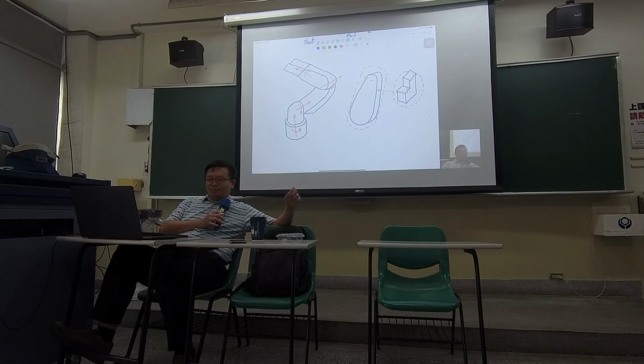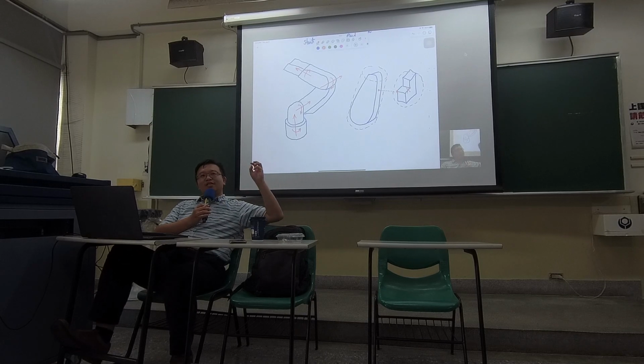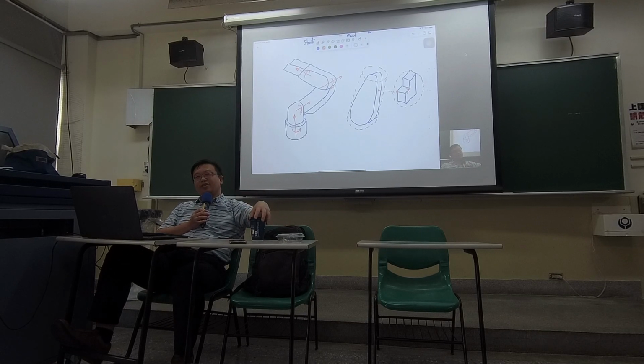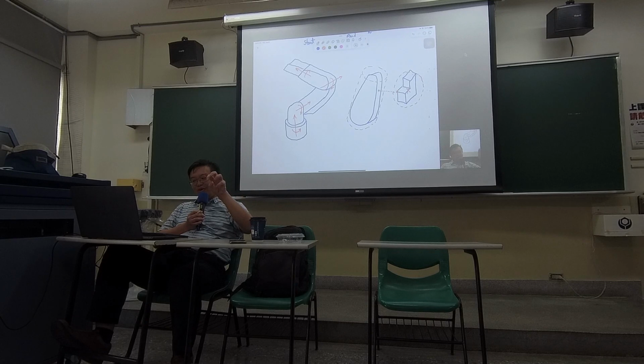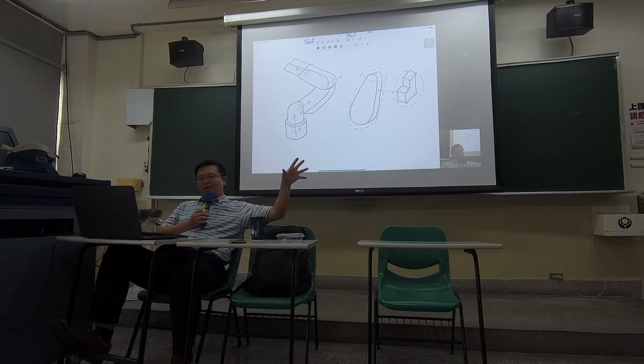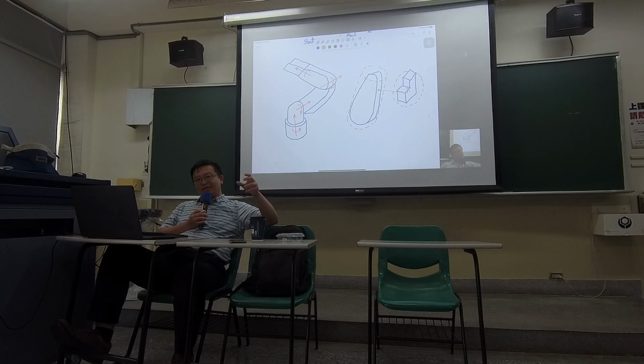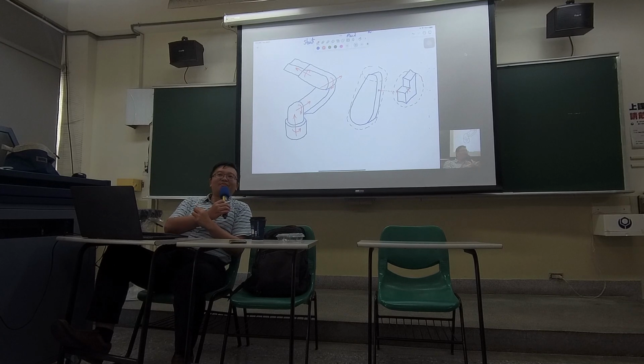If the ball doesn't contact the cylinder, no contact, no collision. If the ball has a tangent contact, like a single point contact with the cylinder, even that happens, it's possible there's no collision because my robot arm part is inside the cylinder. There's still a tiny gap.